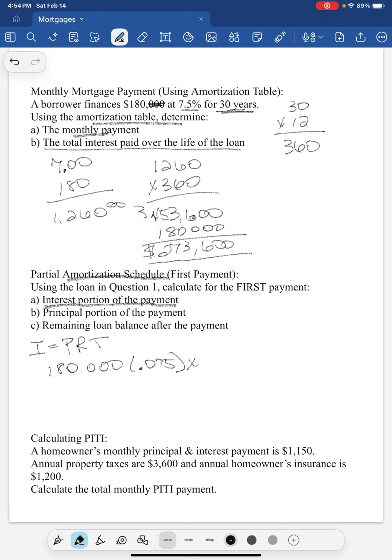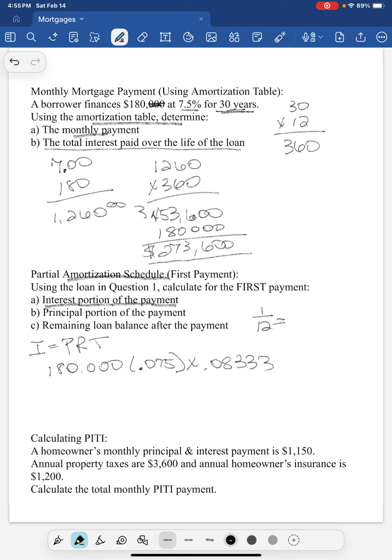Okay, now we need to determine time, and it's broken down by how much it is in the year. So if it's the first month divided by 12, you are going to get 1 divided by 12, which is 0.08333 repeating.